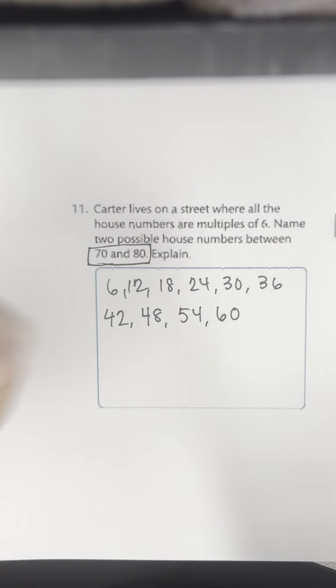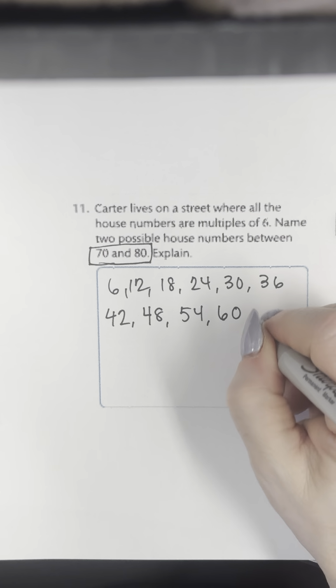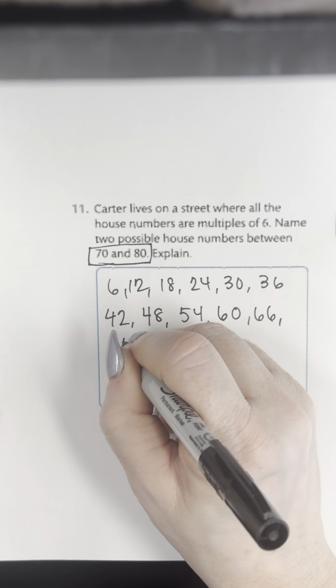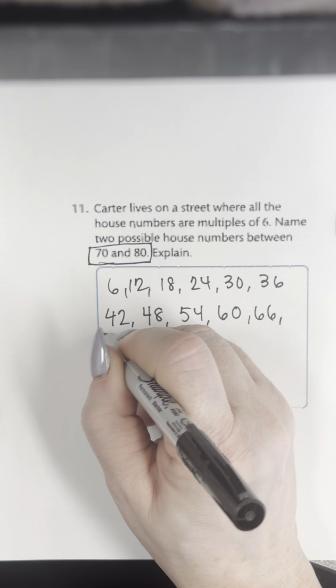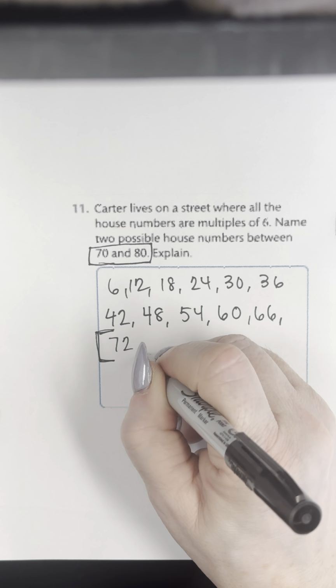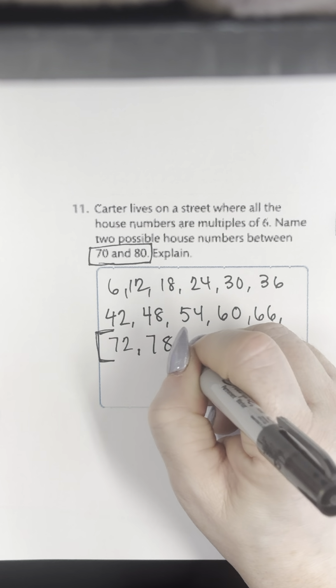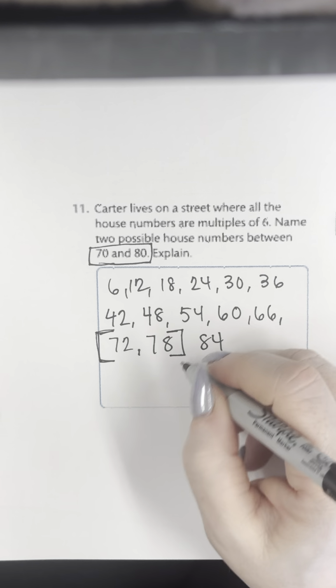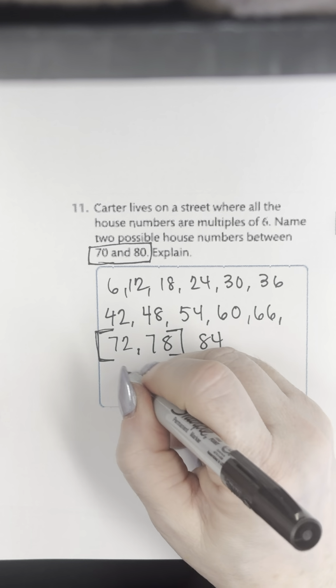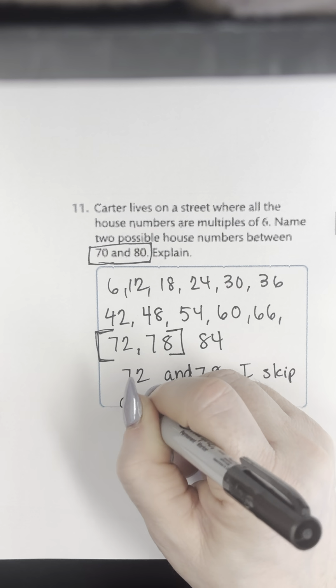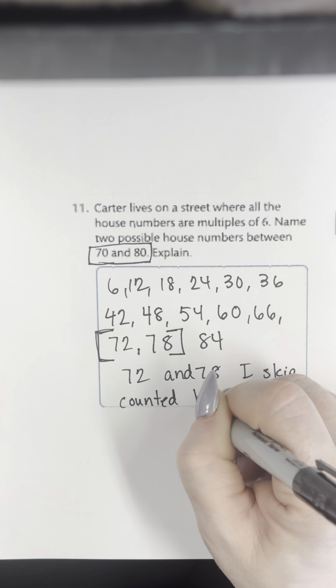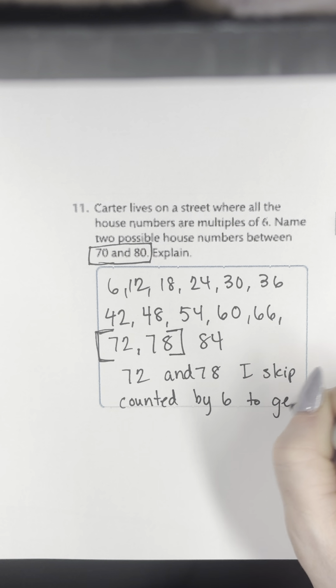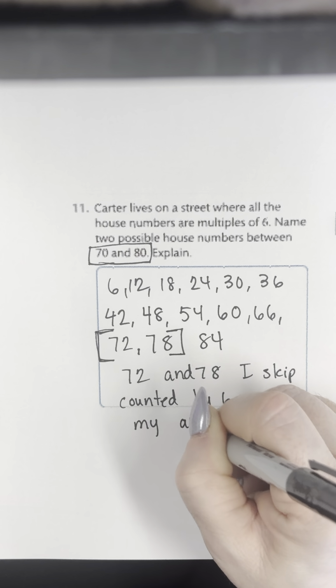Now you may have to start counting on. 66, 72. Ooh, here we go. We're in between now. 72, 78, 84. So our 2 possible numbers are 72 and 78. I skip counted by 6 to get my answer. That's all. Not too hard.